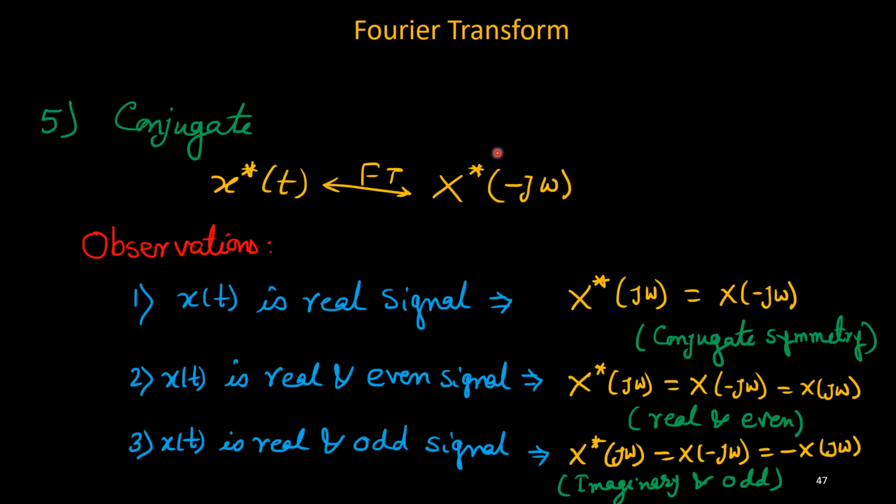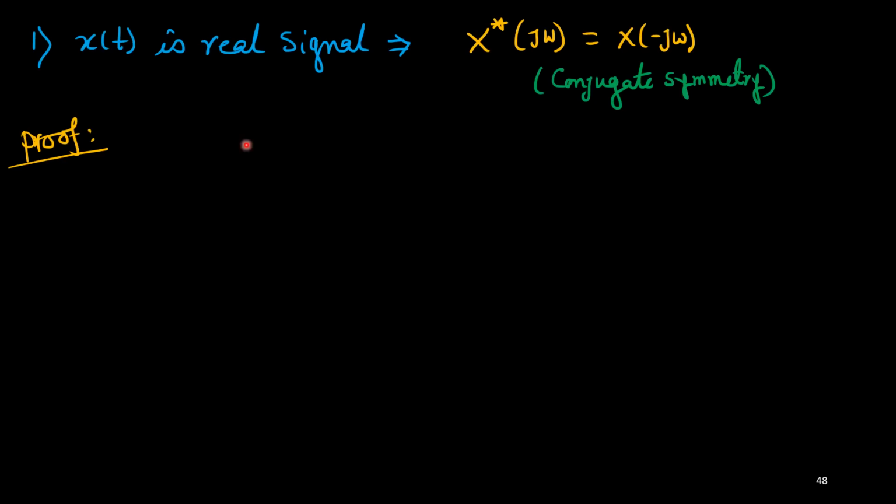Now using these 5 properties, we can have the following observations, which I will discuss a little bit. The first observation is, if x of t is a real signal, right, then X star of j omega will become capital X of minus j omega.